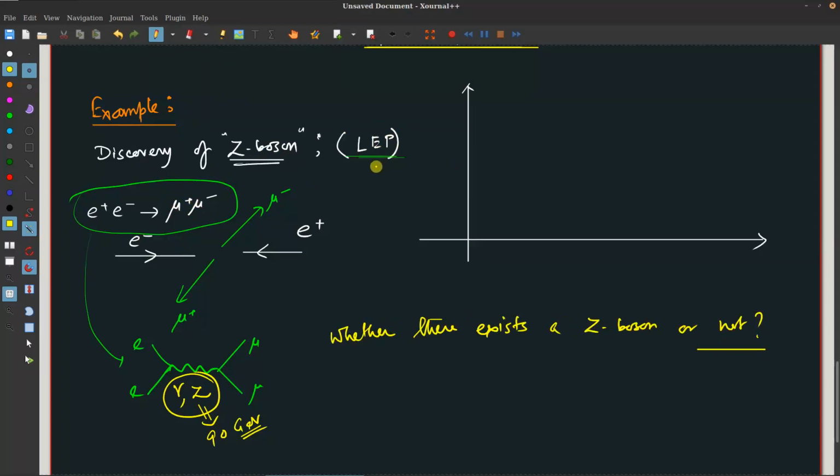If you are interested, I strongly encourage you to look at the plots, extract the data and do the computation with that. If you can complete the computation, it will be very nice, and you can show it in the next class. I will be interested in looking at it. So essentially e plus e minus collide, something happens in here, and then you get mu plus mu minus. How do you measure it? You measure it as the cross section of e plus e minus going to mu plus mu minus.